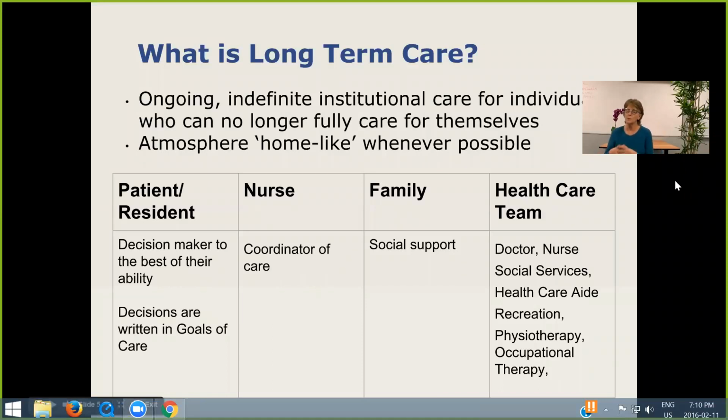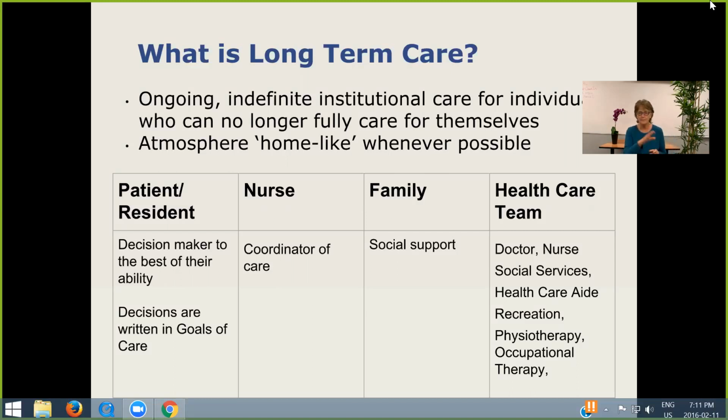They might be able to do some things, and they might not be able to do everything. One of the things we're looking at in long-term care is helping people do as much for themselves as they can, even though it might not be very much. And another thing is the atmosphere is more home-like whenever possible. So we're trying to make it less like a hospital and more like a home.